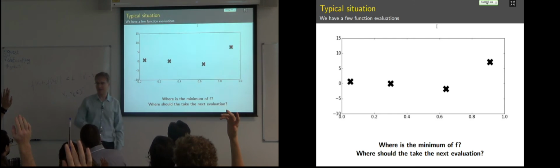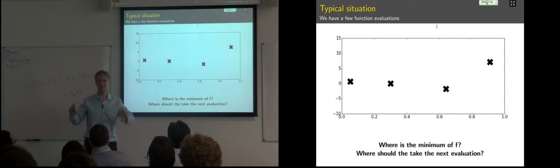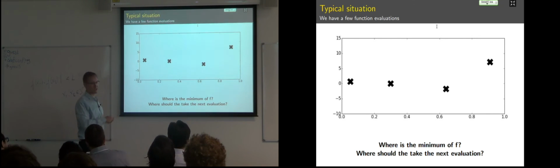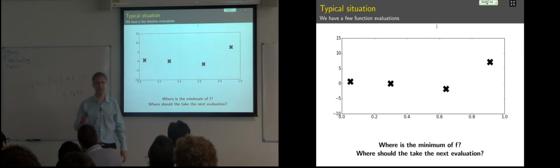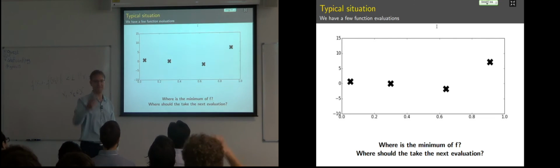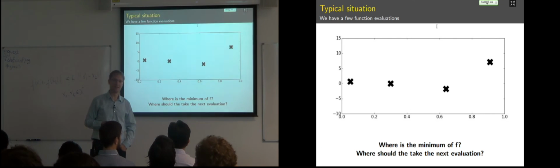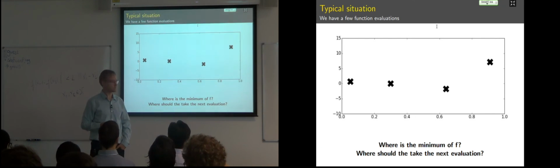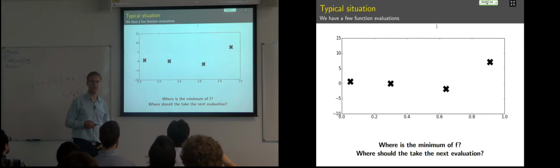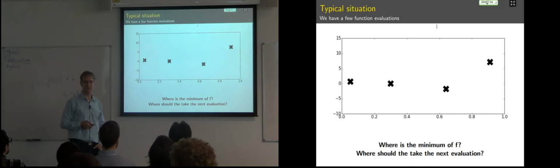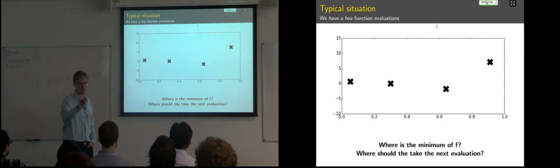A volunteer: why do you think that the minimum of the function is over here? Any special reason? One would expect that it's maybe somewhere close to the lowest cross. And I would expect it's more likely to be on the left of the cross than on the right, because the neighbor on the left is lower than the neighbor on the right. Okay, that's a very good reason.